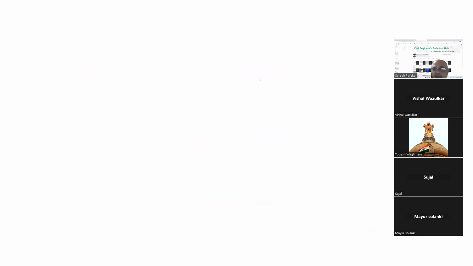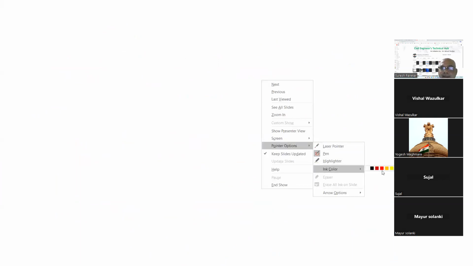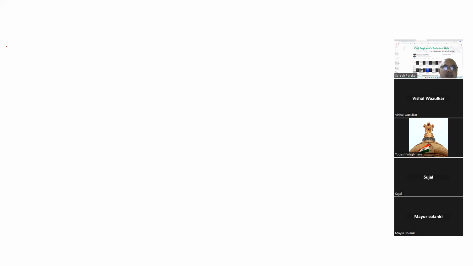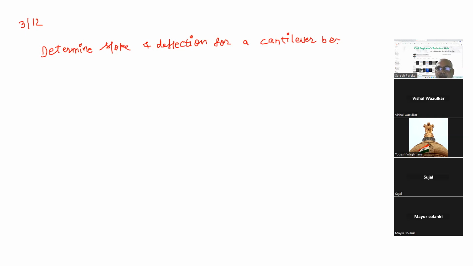Take down: determine slope and deflection for a cantilever beam with concentrated load at free end.